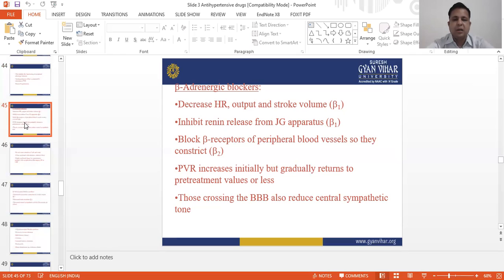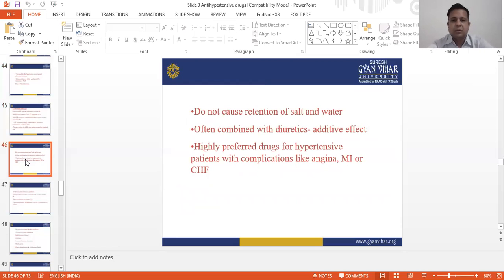Those crossing the blood-brain barrier also reduce central sympathetic tone, do not cause retention of salt and water, and are often combined with diuretics for additive effect. Highly preferred drugs for hypertensive patients with complications like angina, myocardial infarctions, and congestive heart failure.